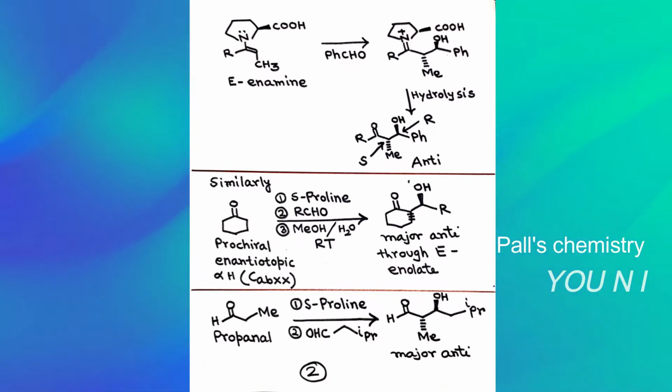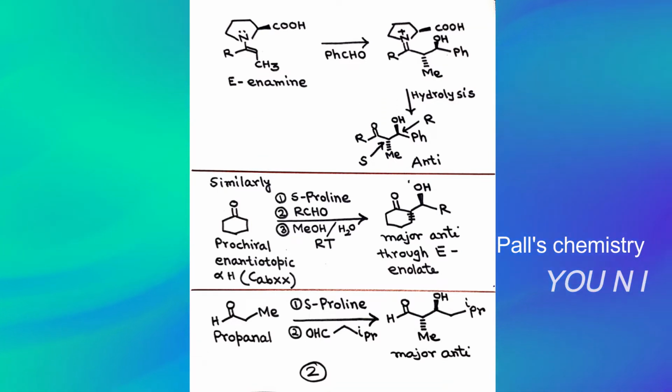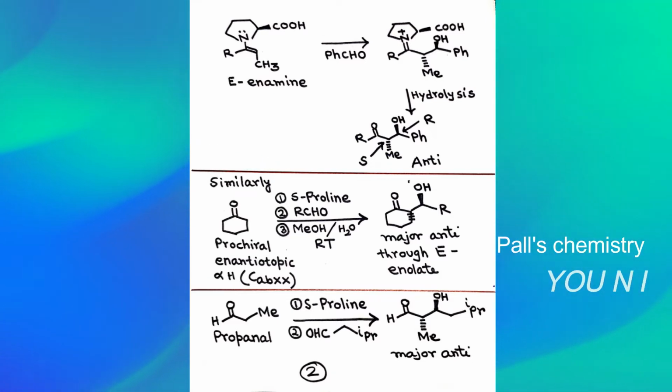The OH will have the above-the-plane orientation, and the alpha carbon will have the below-the-plane orientation. And after removal of the chiral auxiliary by hydrolysis, we will get our final desired product.